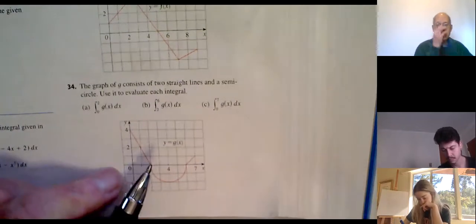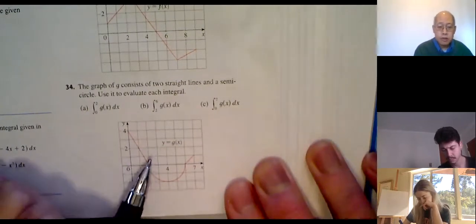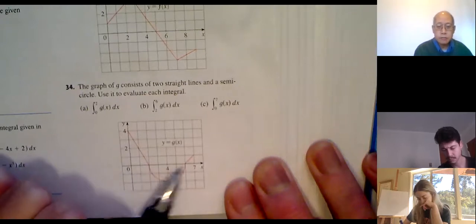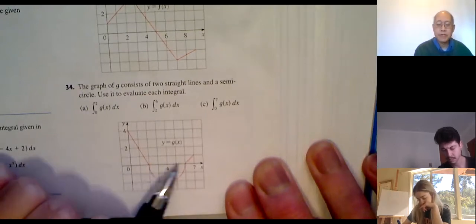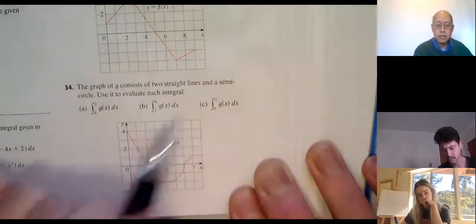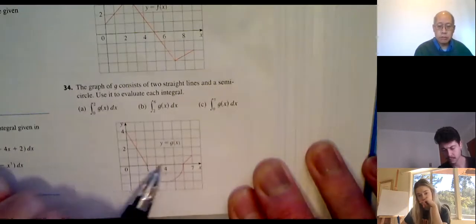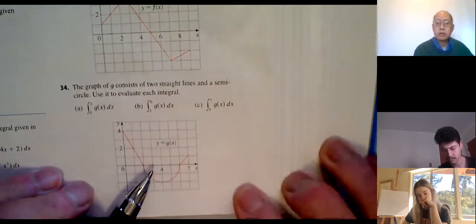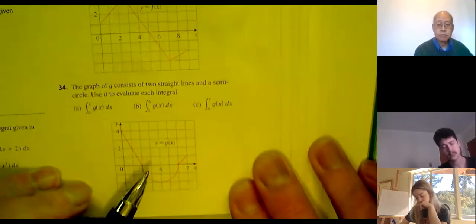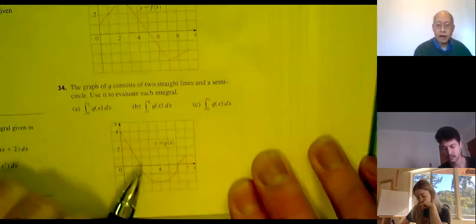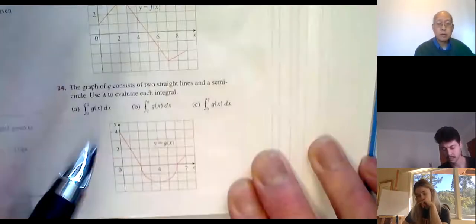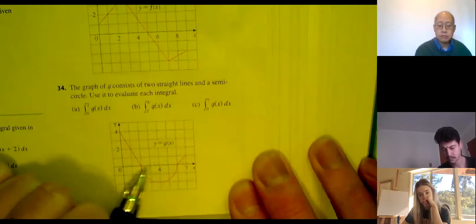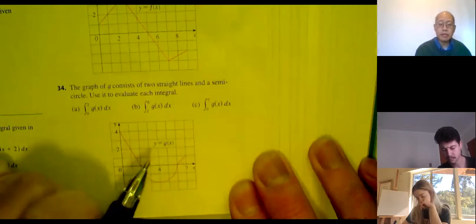B, integral from 2 to 6. Negative. Semicircle. What's the area of a circle? Pi r squared. What's the radius? Radius is 2. I got a semicircle.